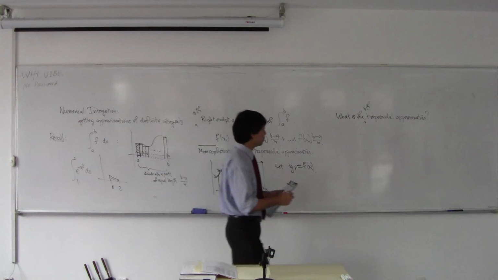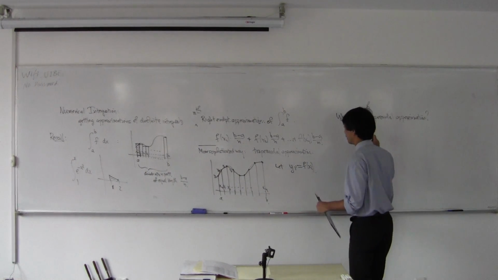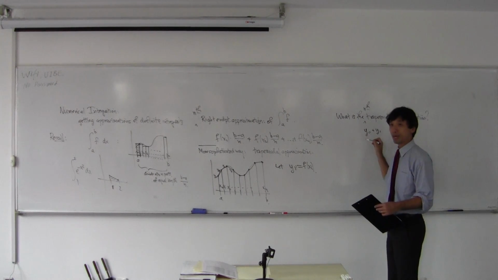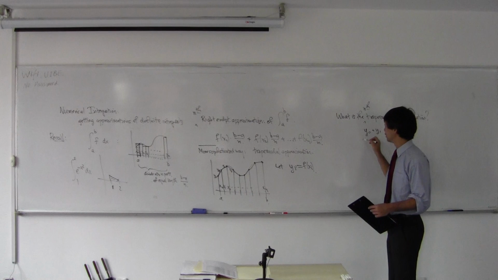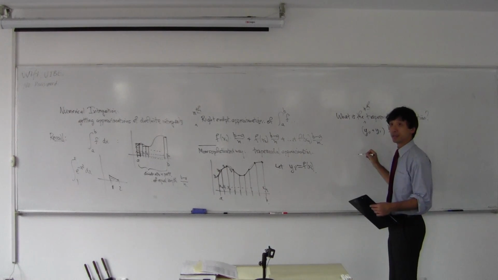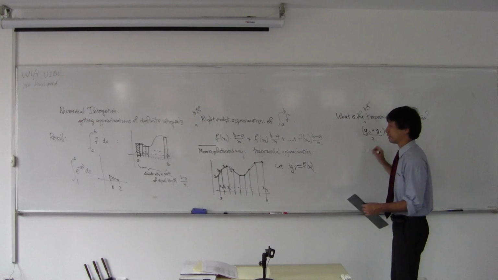Okay, so y something plus the sum of the y's, right? Multiply by b minus a over n, and then divided by 2, right? Yeah. Right.